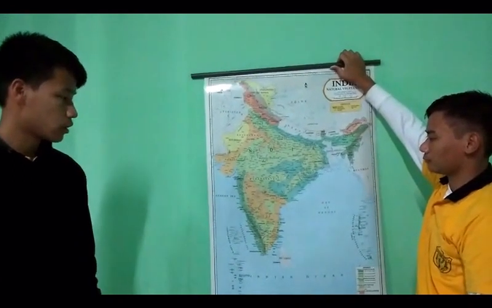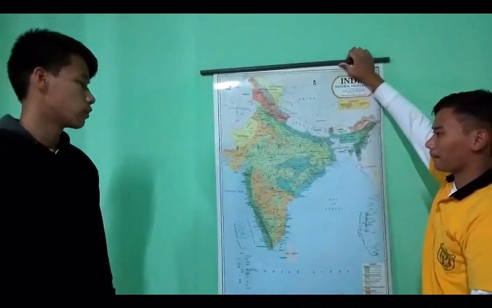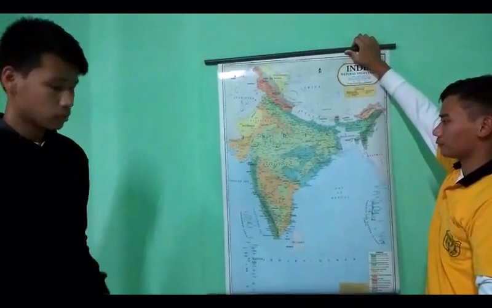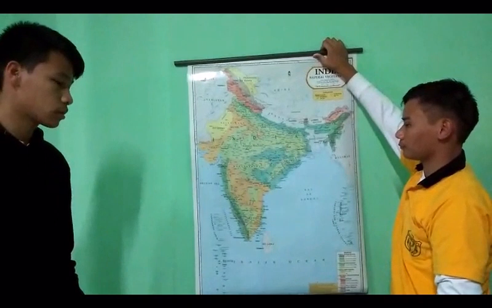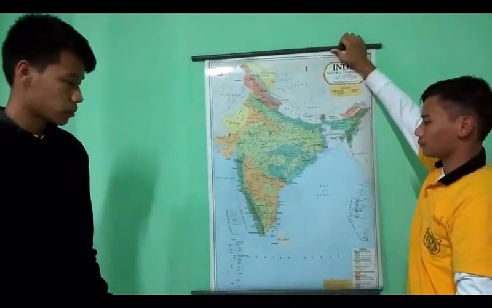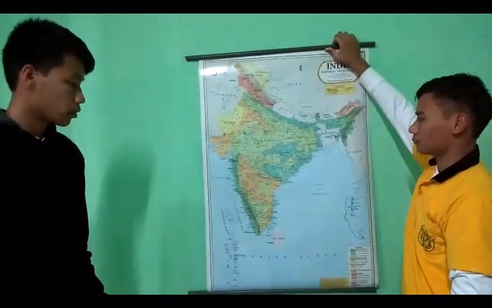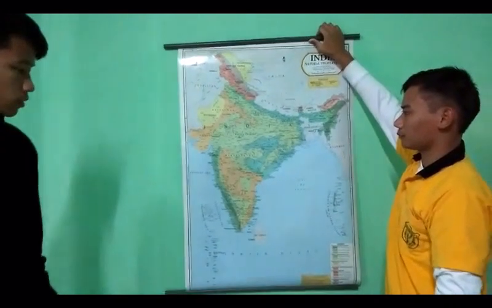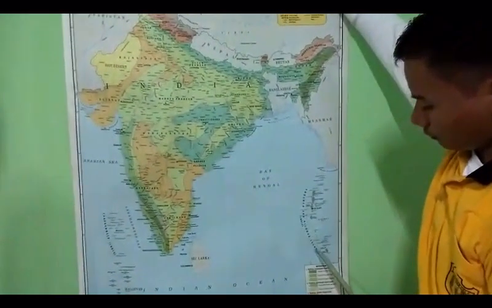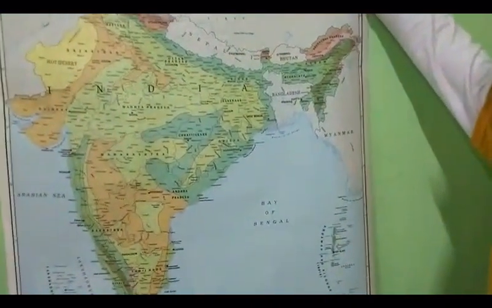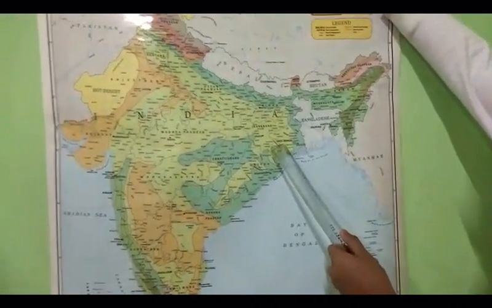In India, the mangrove forest spreads over 6,740 square kilometers, which comprises 7% of the world's mangrove forest. They are highly developed in areas like the Andaman and Nicobar Islands and the Sundarbans of West Bengal.